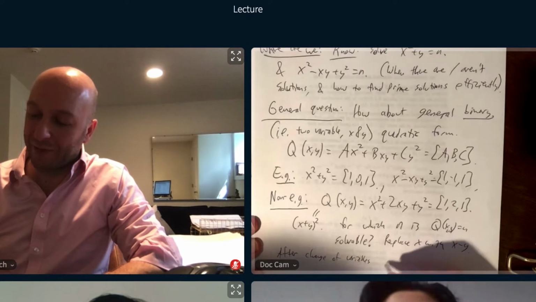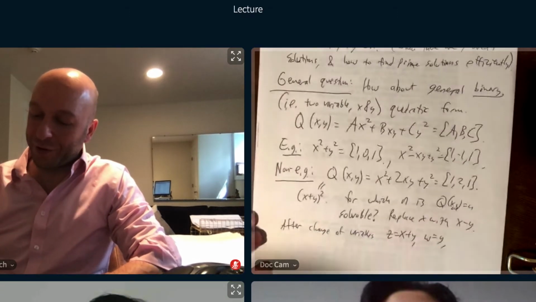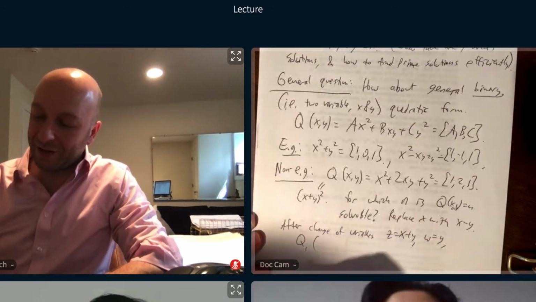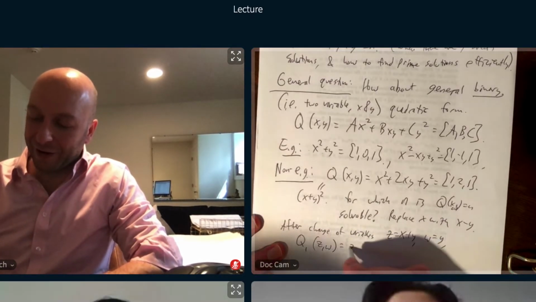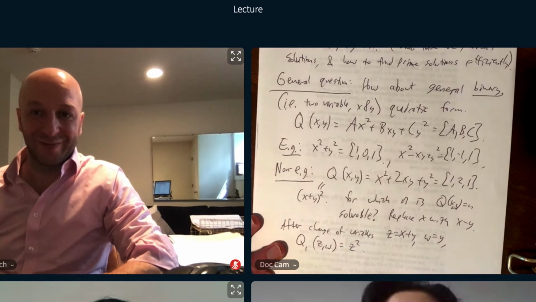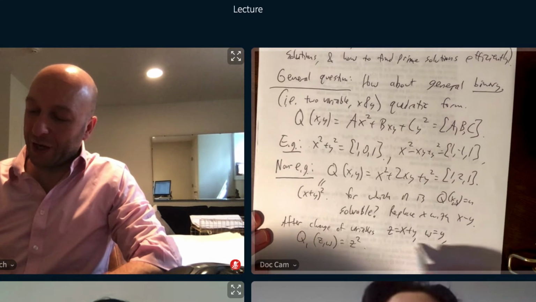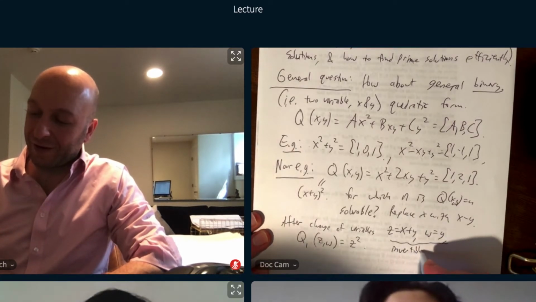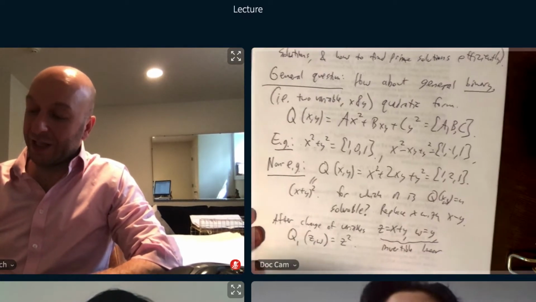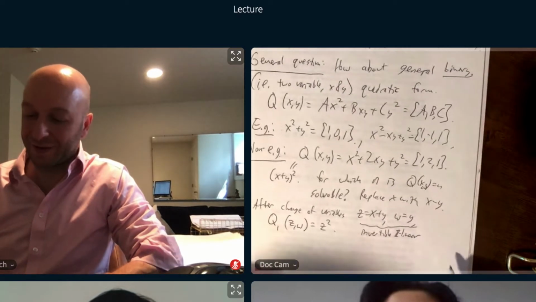Let me call it z equals x plus y and w equals y, and we get a new quadratic form. Let's call this q1 in z comma w, which is z squared. And this is an invertible, integer linear change of variables.